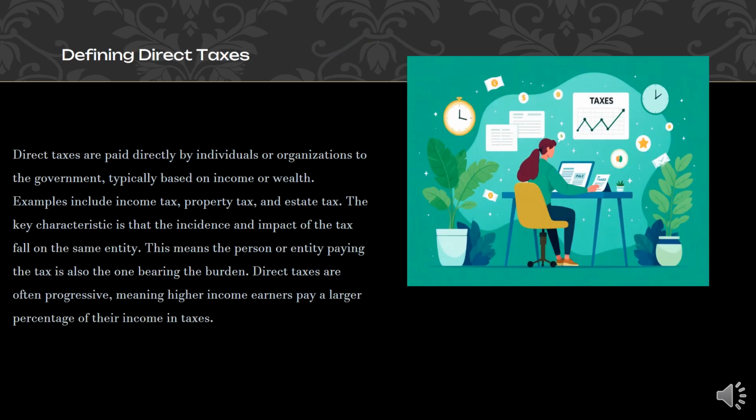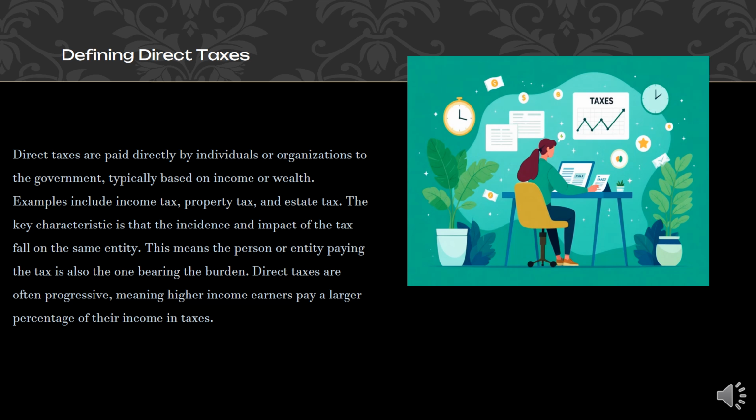Defining direct taxes. Direct taxes are paid directly by individuals or organizations to the government, typically based on income or wealth. Examples include income tax, property tax, and estate tax. The key characteristic is that the incidence and impact of the tax fall on the same entity.